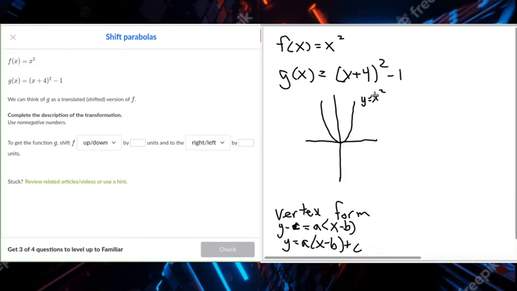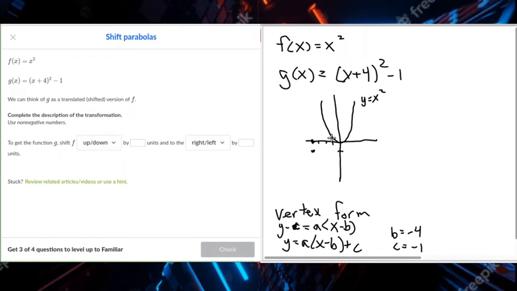And you can see that if we follow this, then for g of x, our b is going to have to be negative 4. So that means we're going to move 4 in the negative direction for x, and our c is going to equal negative 1. So we're going to move negative 1 in the y direction.